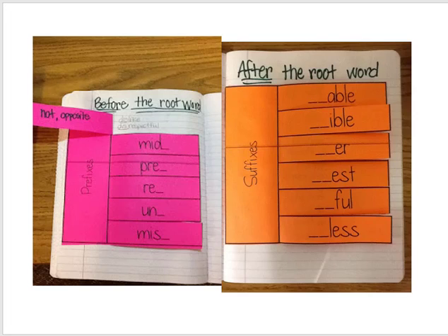The next is a morphology notebook where prefixes are on the semi-cutout tags of paper. When you lift and fold back on this foldable here, you can see the definition of what the prefix means. Maybe underneath it on the page, there could be example words to represent how that prefix affixes itself to actual words.